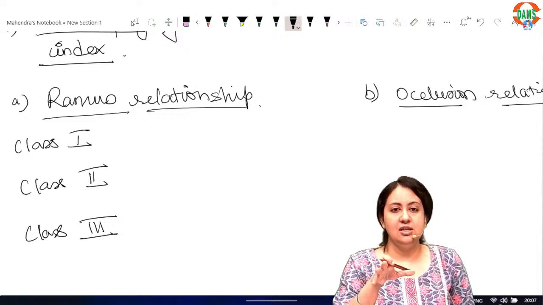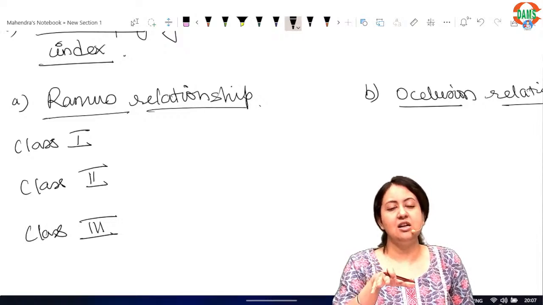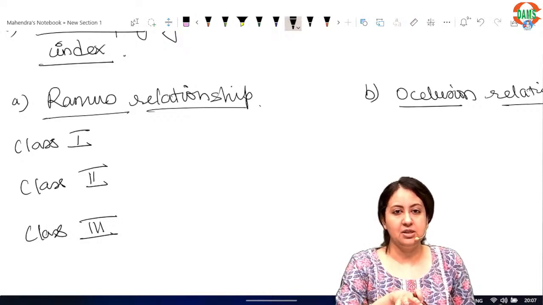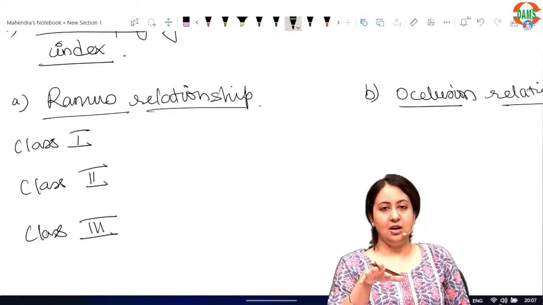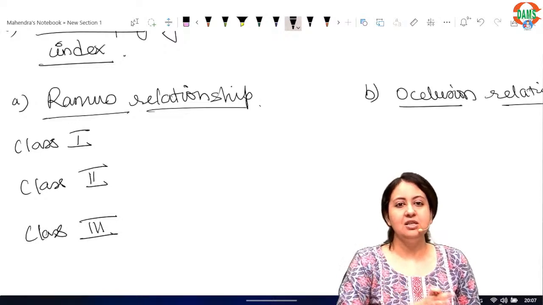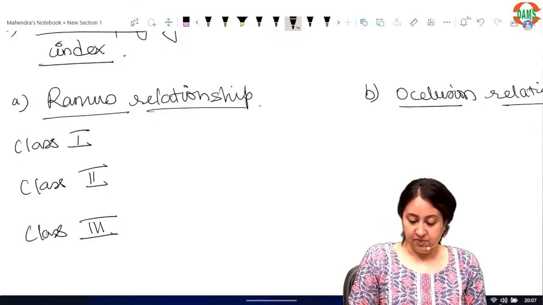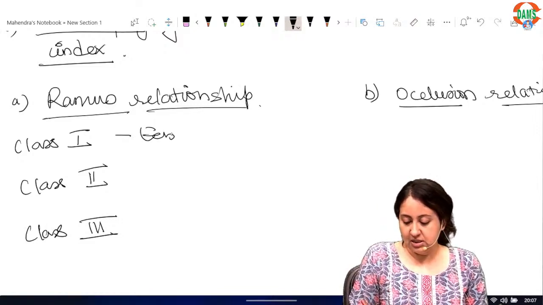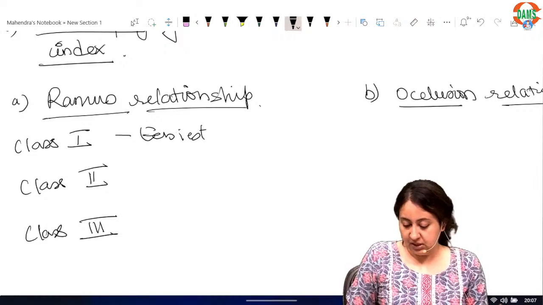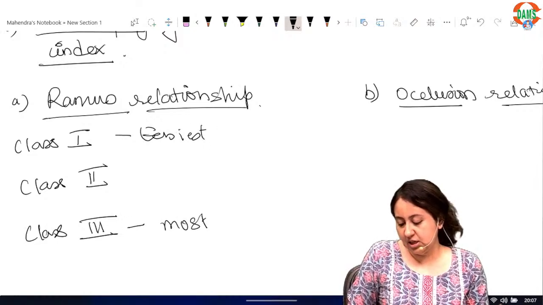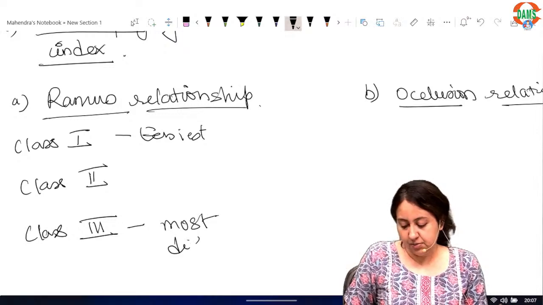Class 2 is insufficient space, and class 3 is no space or when the tooth is completely in ramus. Okay, I am again and again stressing on the fact that please remember only the diagrams. It will be easier for you to recall. Okay, so class 1 is the easiest, and class 3 is the most difficult, and class 2 is intermediate.